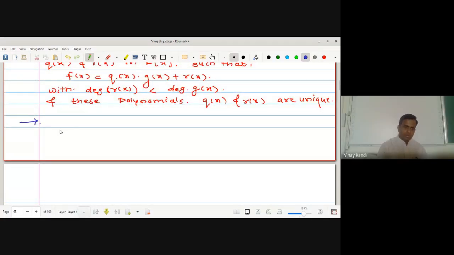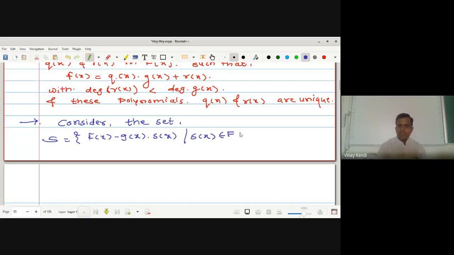Proof. Pay close attention to what I am doing. Consider the set. Which set did I consider? I defined a set S. What members are in S, what kind of elements? f of x minus g of x into s of x, and this s of x belongs to capital F of x. So if I take any element from S, I can write it in the form f of x minus g of x into s of x, where s of x belongs to capital F of x.